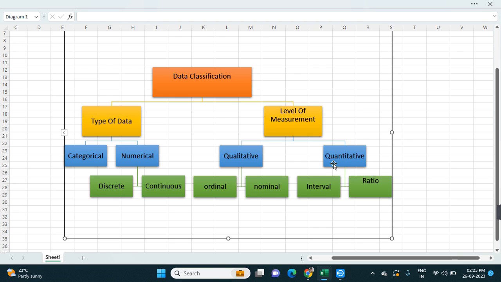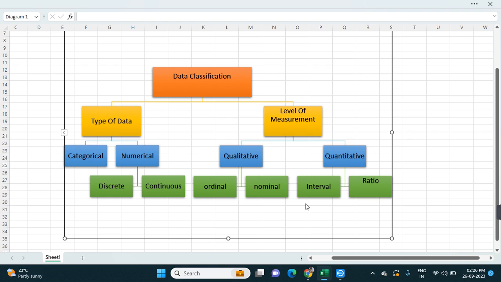On the other side, quantitative data. Quantitative data is represented in the form of numbers. It's numerical data. The numerical data is again classified into two types, that is interval and ratio. Interval means it has intervals like 0 to 5 and 5 to 10, like that.